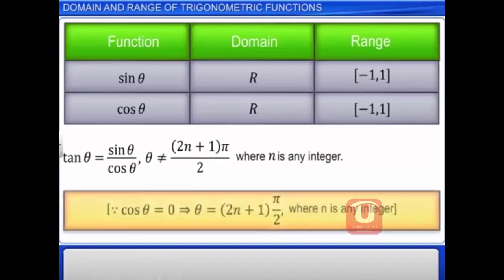Now, cos theta is 0 when theta is equal to 2n plus 1 into pi by 2. Therefore, tan theta is defined for all theta belonging to the set of real numbers not equal to 2n plus 1 into pi by 2, where n is any integer.